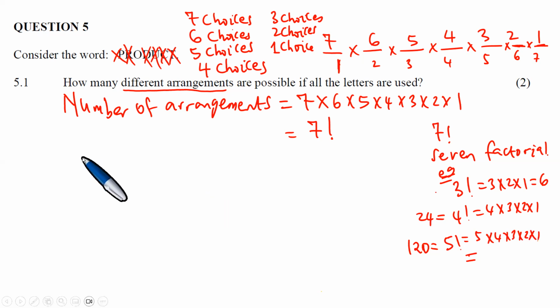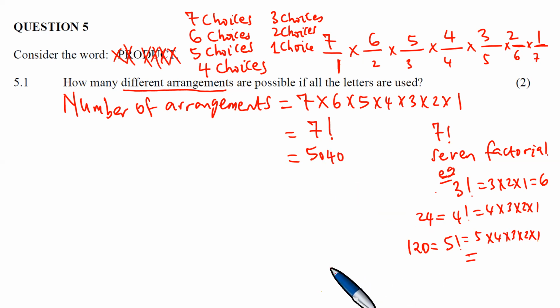So 7 factorial can also be computed. You can write the number of arrangements as 7 factorial. You can leave your answer like this, but you can also use your calculator to do the factorial and then get 5040.